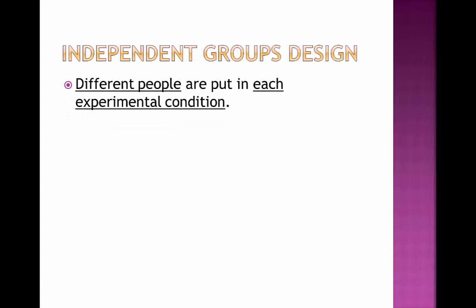Okay, the next research design is the independent groups design, and this is basically a design that has different people in each experimental condition. So it's exactly the same as the repeated measures design, but the same people do not sit the same thing twice. Instead, there are two different groups of people: one does the before test, where they have to try and memorize all the cards with no music, and the other does the after test, where they memorize all the cards with classical music playing.